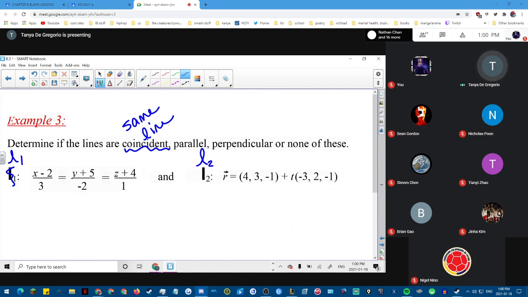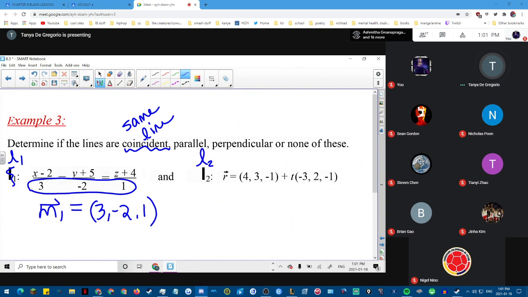So let's start. If it is coincident, then it automatically has to be parallel because the direction vectors have to be the same. So let's check direction vectors. What is the direction vector for my first line? Can you tell by looking at it? It's right here. That's our direction vector.